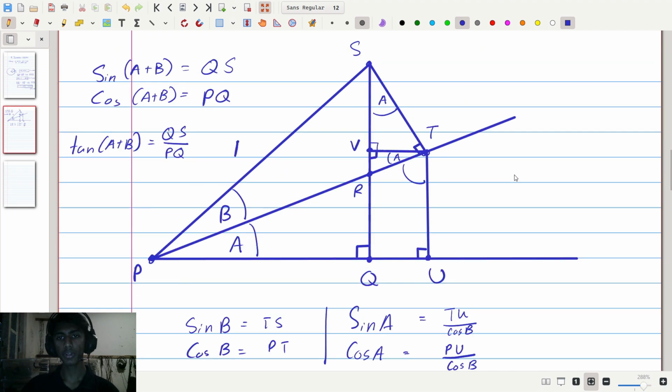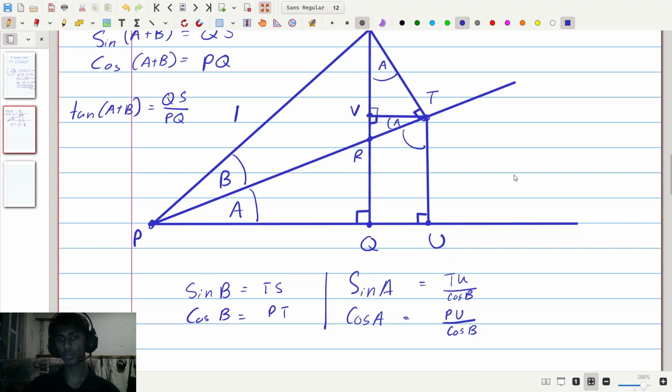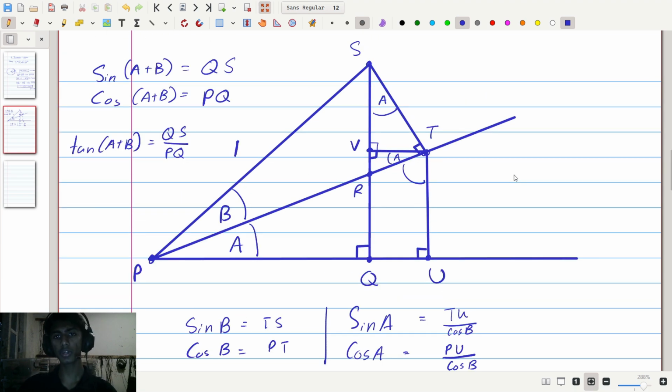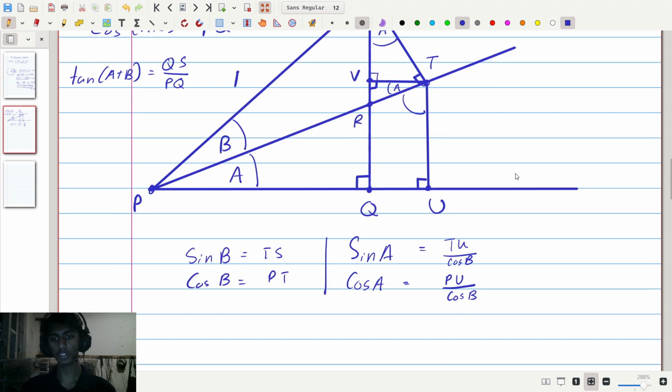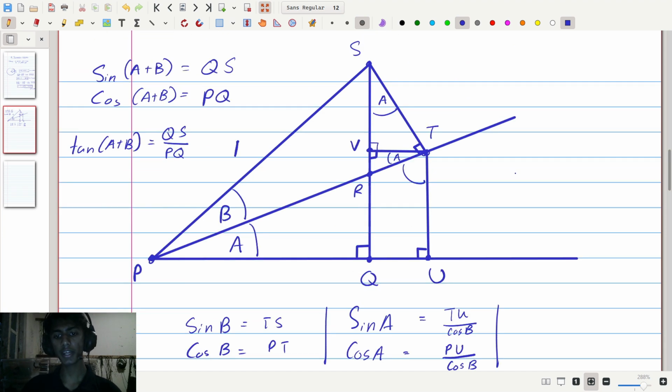And now we are almost ready. We just need to do one more little thing. We need to consider the triangle STV, which I'm going to mark with another vertical bar. Within triangle STV, we have two other side lengths, SV and TV. Let's try and find out what SV and TV are.